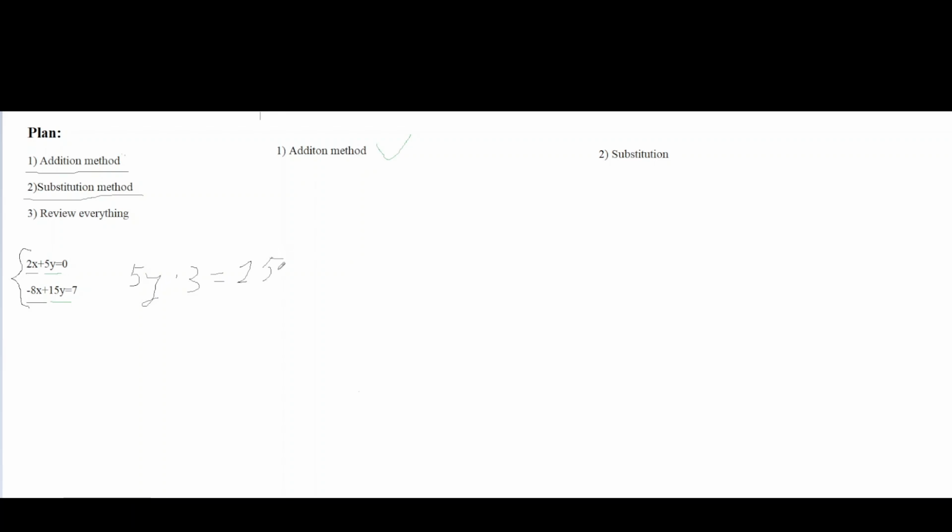Basically yes, it becomes 15y. Guys, if there are some problems, sorry for that, but I'll try to do my best to explain to you. So here what we do is multiply the first part by 3, and our system becomes like this.